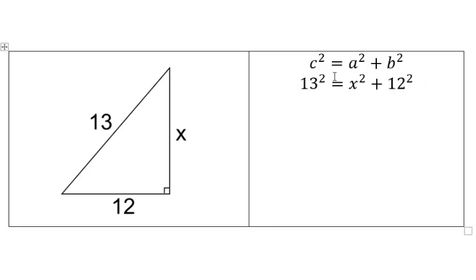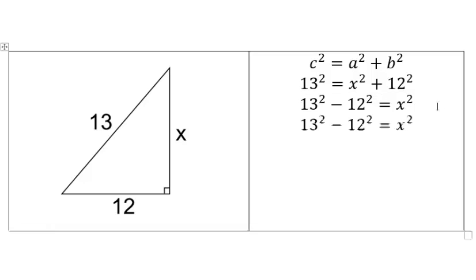Okay, now I'm trying to leave the x squared alone in order to find x. So this positive 12, I'm going to move it to the other side, but it's going to move as a negative 12. Okay, so I have 13 squared minus 12 squared. The answer for 13 squared minus 12 squared will be 25.